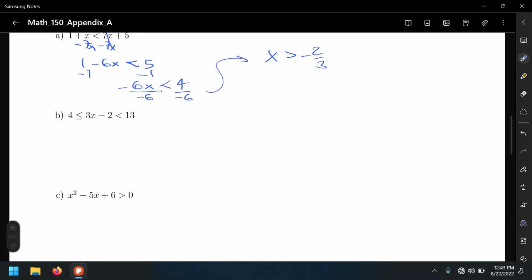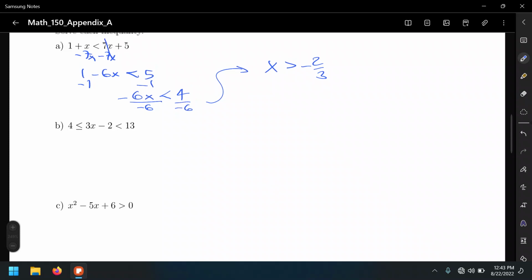For letter B, we have this kind of inequality that you may have seen before. As opposed to letters A and C, this inequality has 3 sides and not just 2 sides. You want to ask something? We write the solution range, like the solution range for a shifted function? Yes, it's some kind of expressing the range of a shifted function, or the domain of a shifted function.